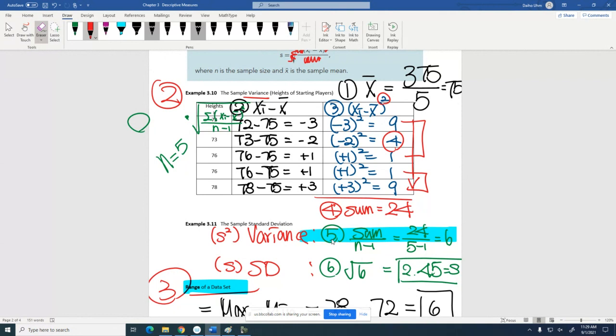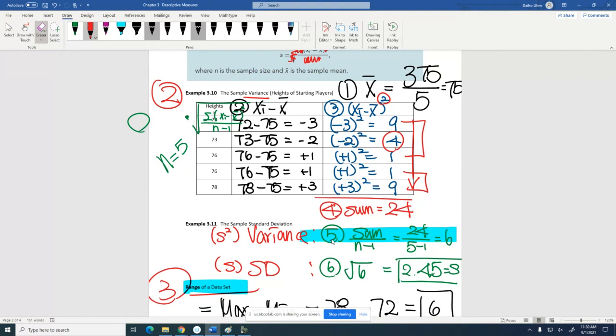If I have a variance 4, how much would be the standard deviation? 2.